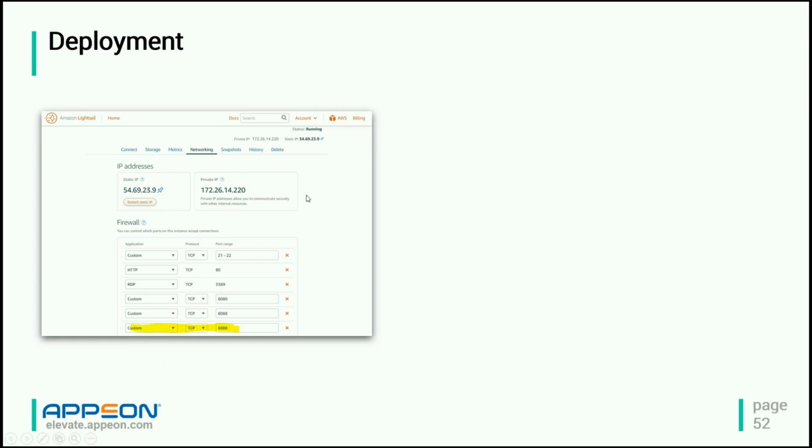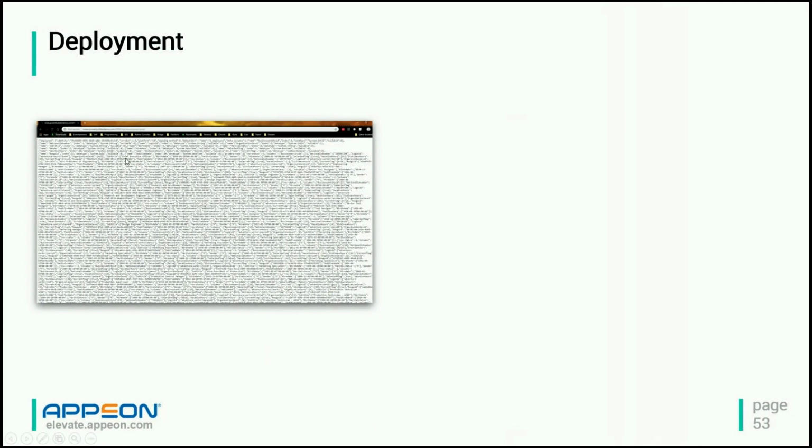So I've gone into the settings for my Lightsail instance, and I've created a firewall exception here as well, which exposes 8888 to the world for my server. There's an add button down below you can't see. I clicked add, it opened up a new spot. I indicated that I'm doing a custom application rule, TCP, and once again 8888. And that makes the port available to the outside world. So now I can go and actually hit my service from the outside world and actually see it return data.